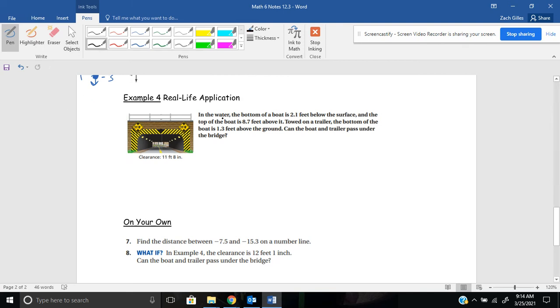Anytime I see a wordy problem, I like to draw pictures. So let's do that. In the water, the bottom of the boat is 2.1 feet below the surface. All right. Here's what I'm going to do. Draw myself a sweet boat. Here's my sail. Okay, let's mark some water.